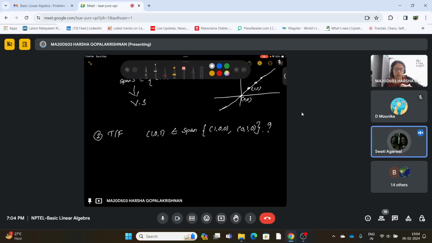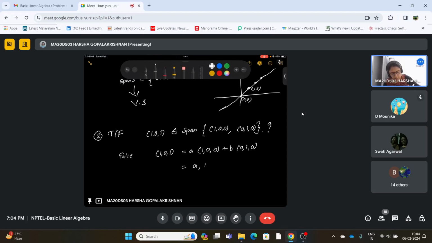It is not true. It is false. Because if we write (1, 0, 1) as a linear combination a into (1, 0, 0) plus b into (0, 1, 0), what will we get? (1, 0, 1) equal to (a, b, 0). What does this mean? 1 equal to 0.